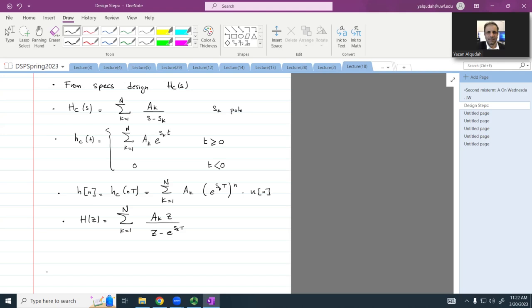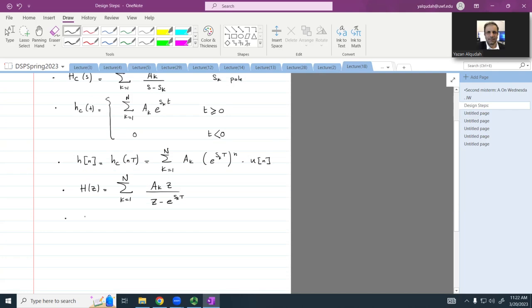The z transform is going to be z over z minus a, where a is equal to the exponential of s_k multiplied by T. Together? And finally, we can set the gain.